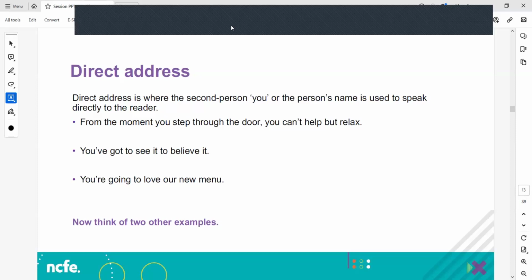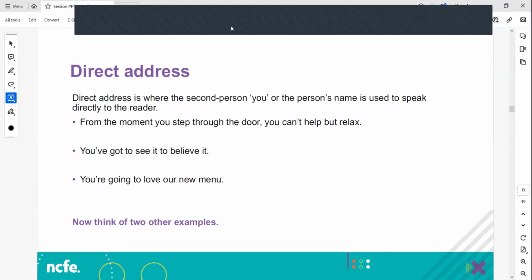How about, my house is breathtaking? So that's a good sentence, but we're looking at direct address. It's directed to another person, as if you're speaking directly to them.